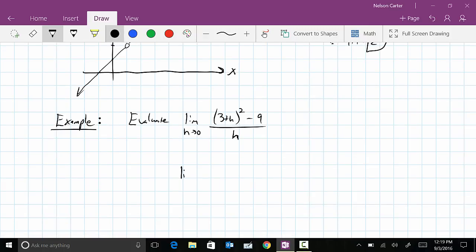So let's see here. We've got the limit as h approaches 0 of (3 plus h) all squared minus 9, all divided by h. So let's do something algebraically to try to manipulate this.